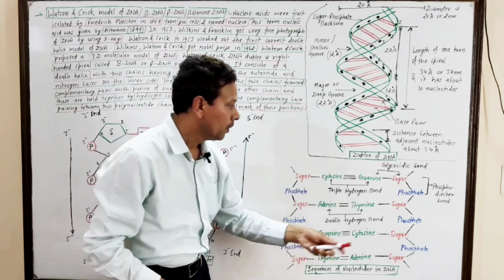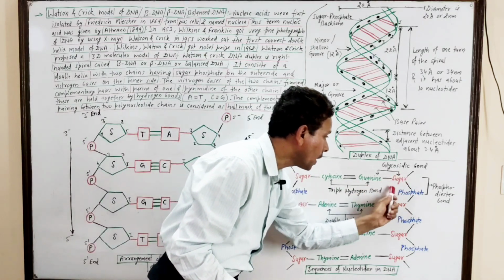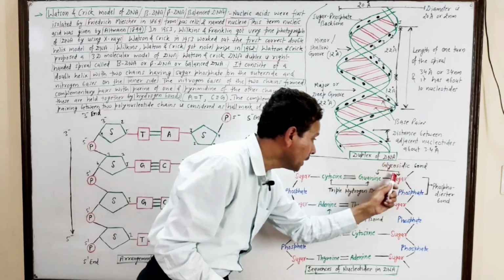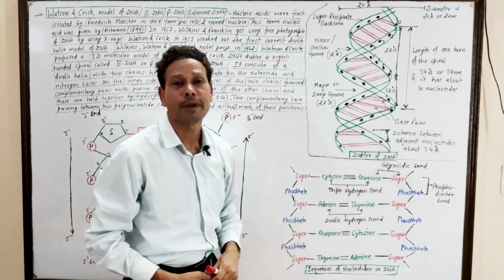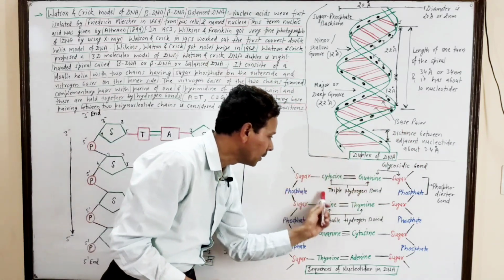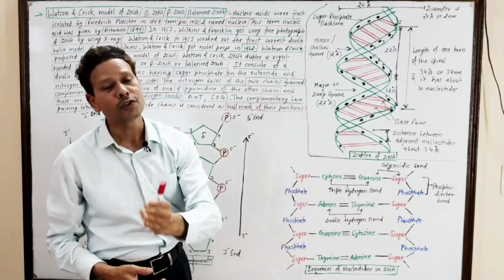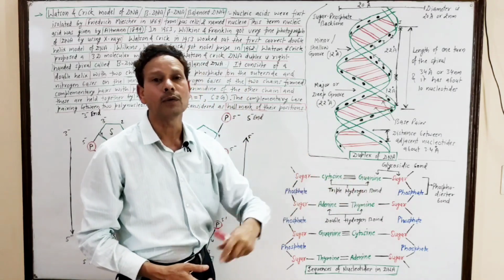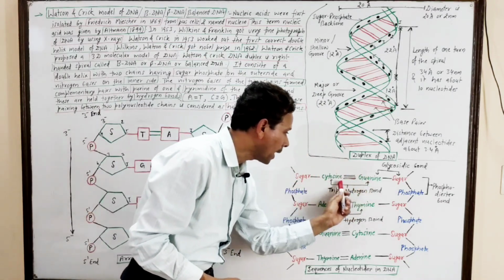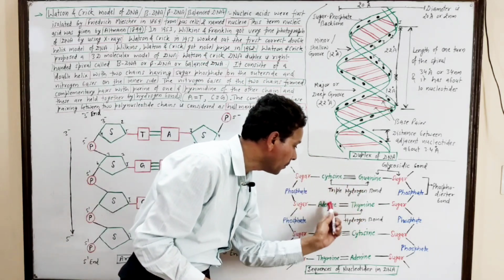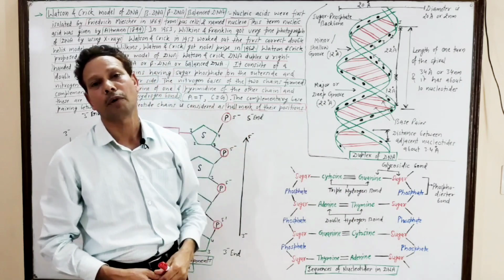The bond between the sugar molecule and phosphate is phosphodiester, the bond between the sugar molecule and nitrogen base is glycosidic, and the bonding between nitrogen bases is hydrogen bonding. Guanine and cytosine always pair by a triple hydrogen bond, and adenine and thymine by a double hydrogen bond.